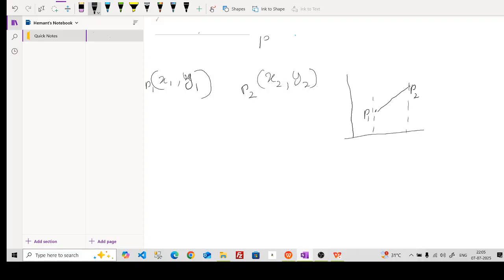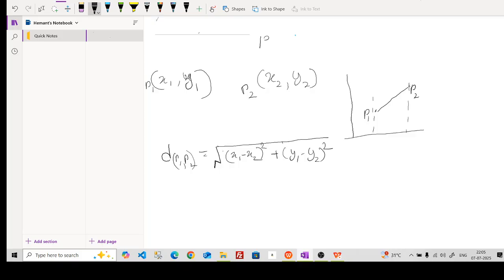To find the distance d between p1 and p2, we will use the Euclidean distance: d equals the square root of (x1 minus x2) whole square plus (y1 minus y2) whole square, right?